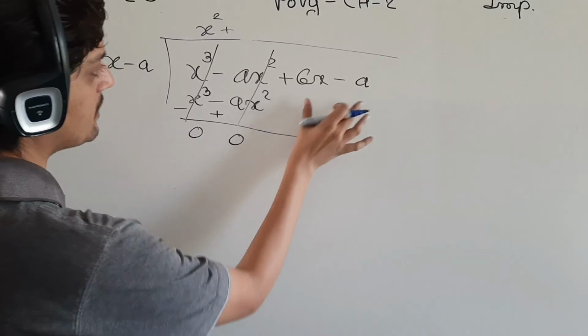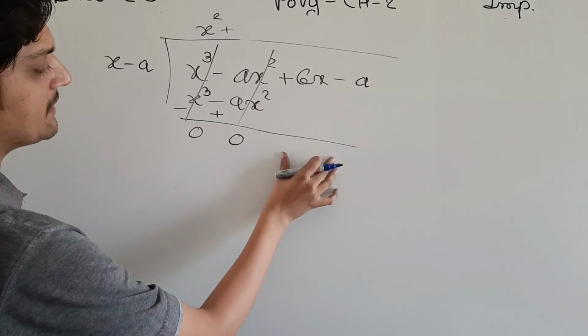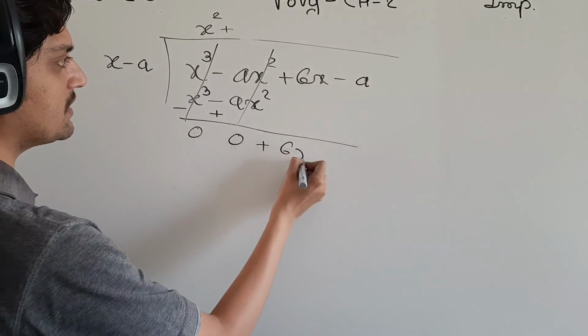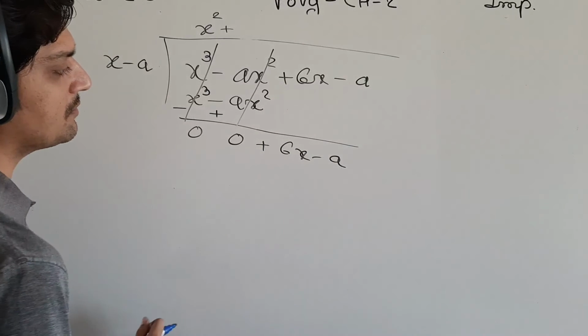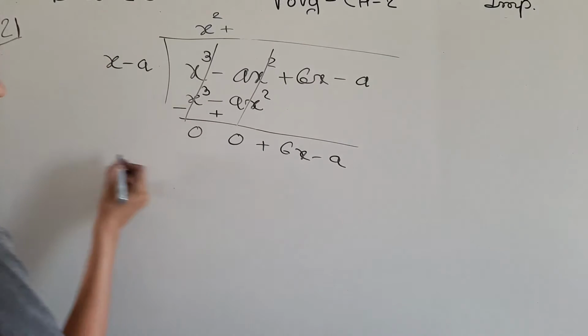Now, as always, we write this step as it is. 6x minus a will come as it is. Since both terms are 0, we don't write anything there; it doesn't matter whether you write 0 or not.